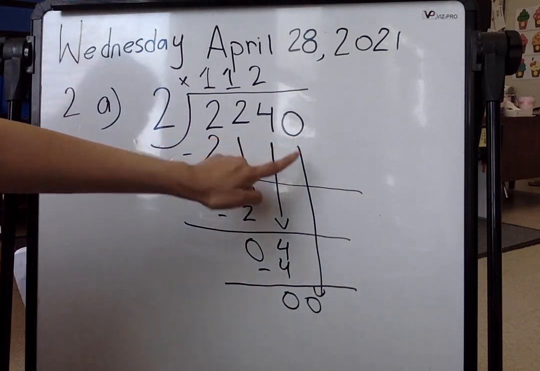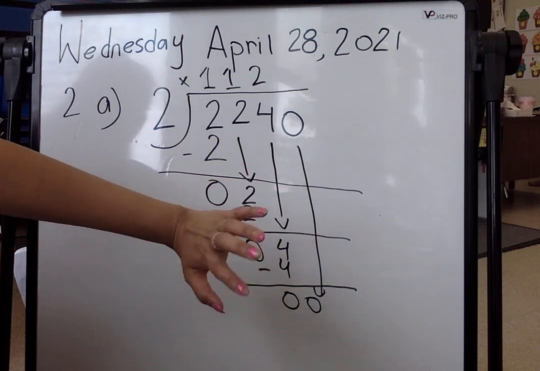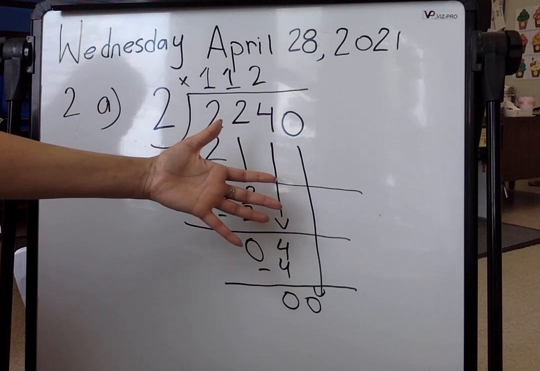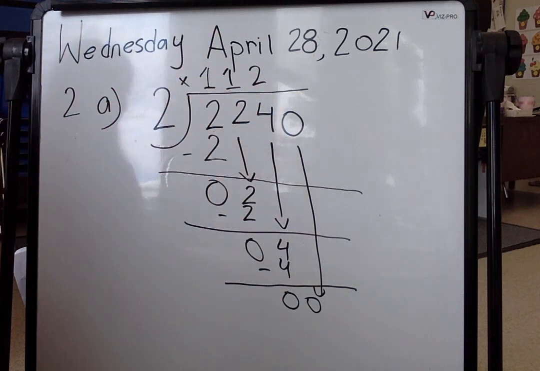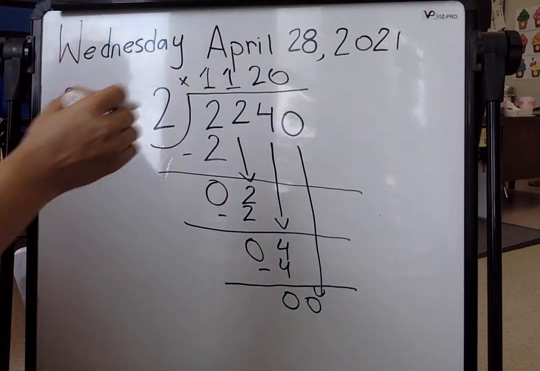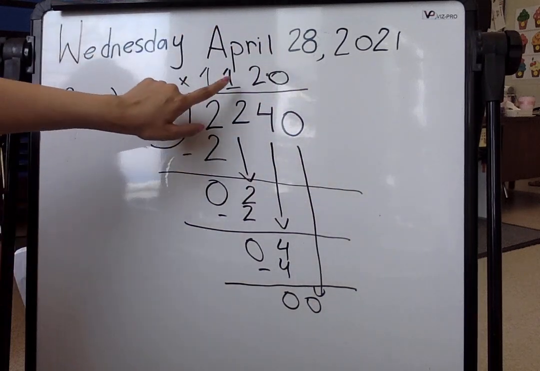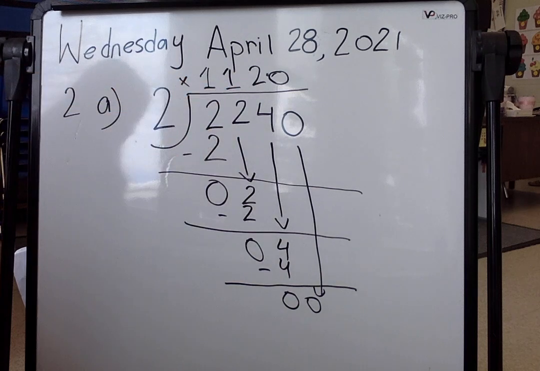And any time we bring a 0 down, or any number, and we can't divide it, we can't do anything with it, what do we do at the top? We put a 0 at the top, right? So what's our answer? 1,120, which means how many liters do we have?